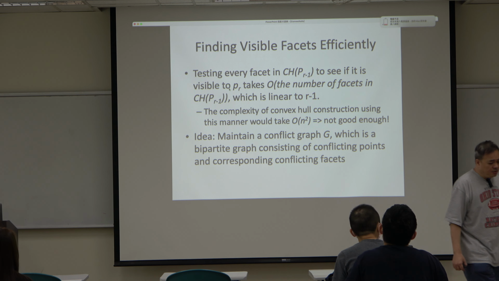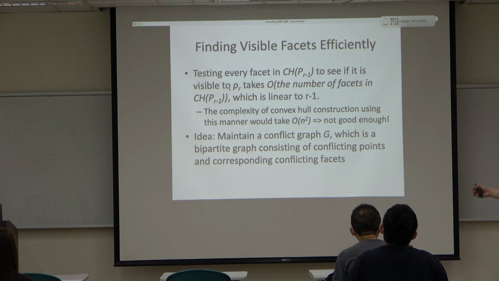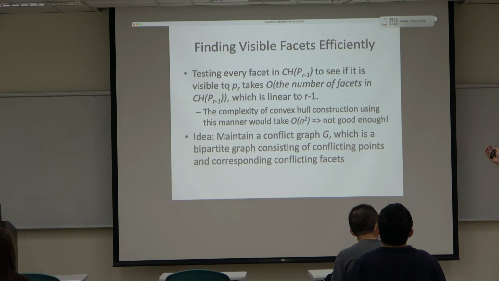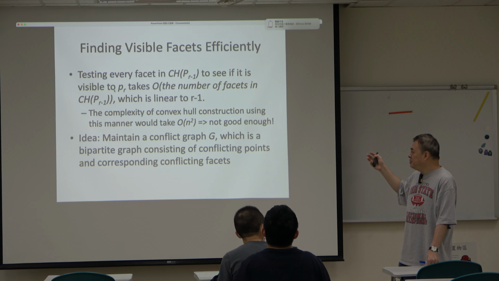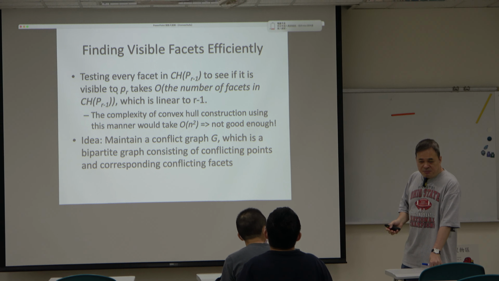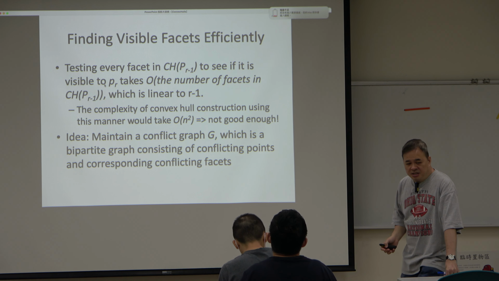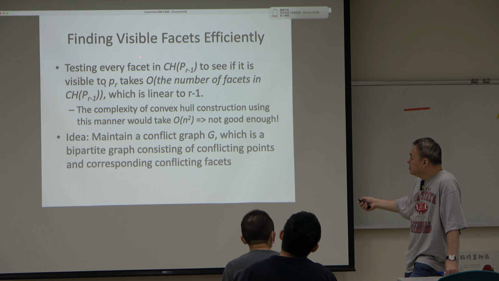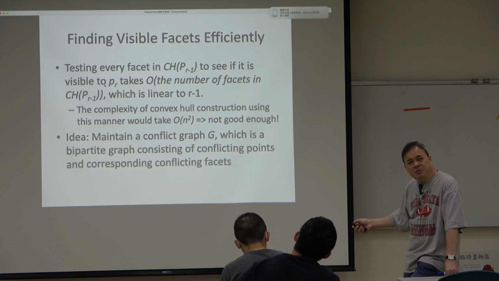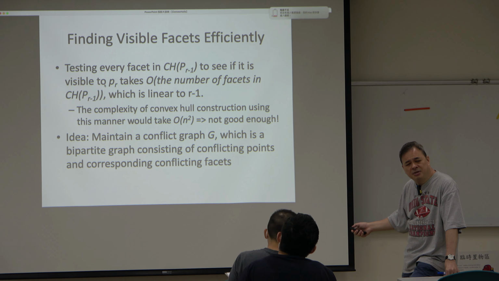But sadly, I can only tell you the idea, because proving that the complexity of this algorithm is cheaper than n squared is beyond the scope. If you are interested, which chapter is this, chapter 14 or chapter 12? I forgot.